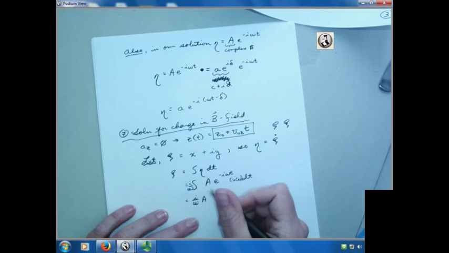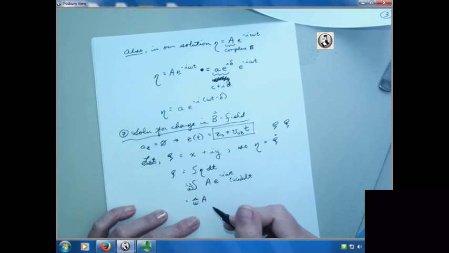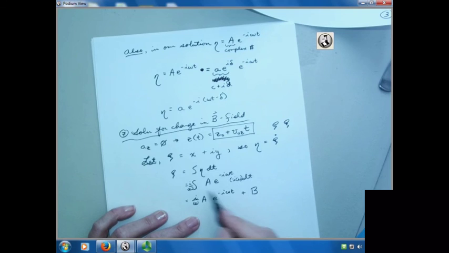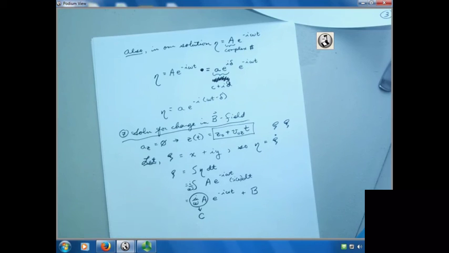Again, this whole chunky thing is just a complex number, times e to the minus i omega t plus b for my indefinite integral there. And we'll take this whole thing out front here, and we're going to call that capital C, because it's just some complex number. Then we're going to use boundary conditions to figure out what b and c must be, and we'll have our solution for x and y as a function of time in the first couple minutes next time.